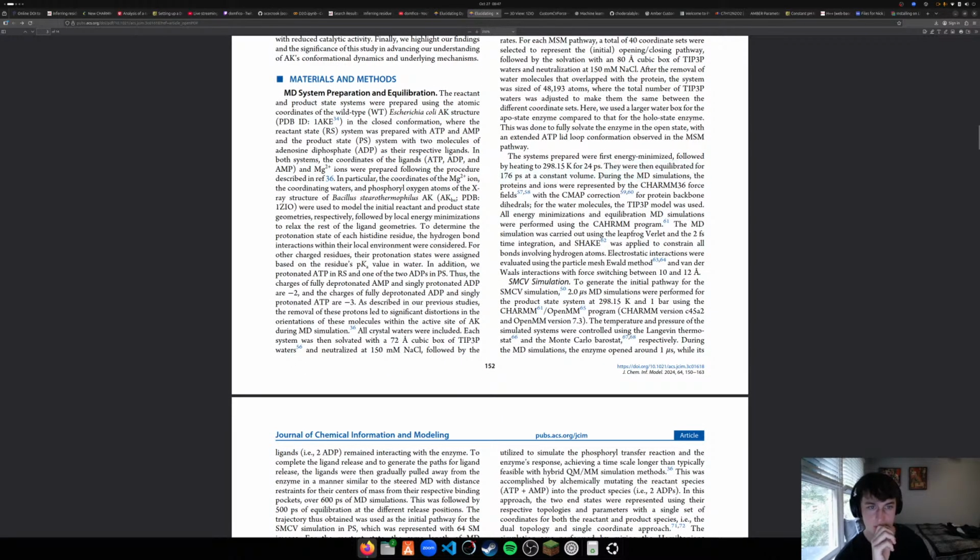They were equilibrated during the MD. Proteins were CHARMM36 with CMAP correction. The TIP3P model was used.